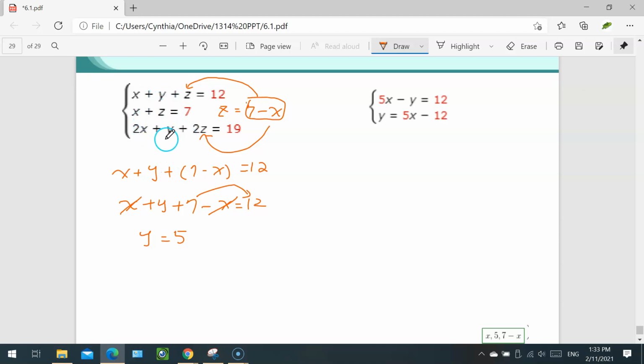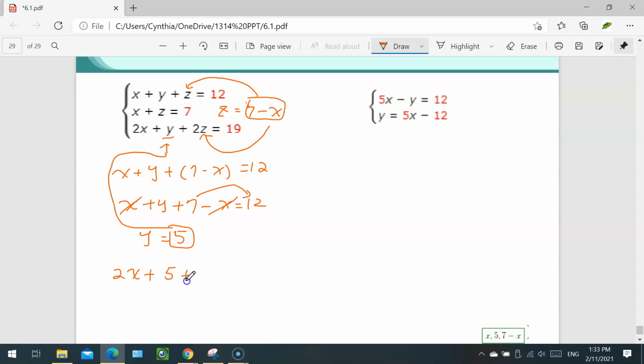Alright, now we substitute y into here, and then substitute the z into here. So on your third equation, I have 2x plus 5, because y is 5. Right, we substitute into here.